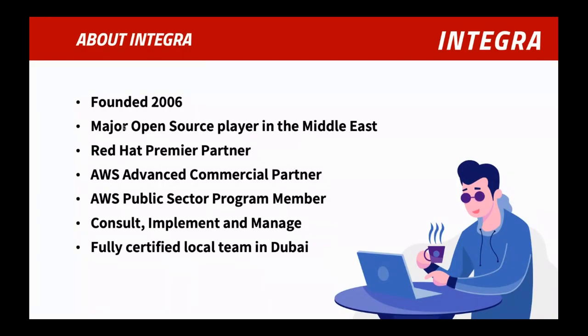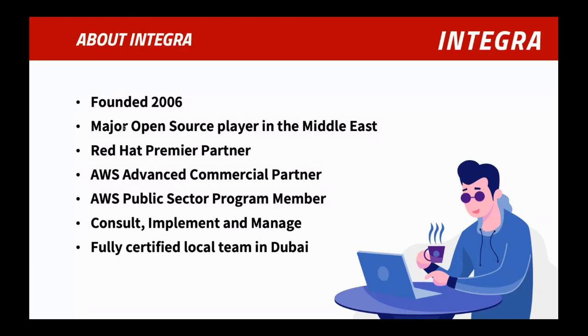Today, we are a Red Hat premium partner and a Red Hat and an AWS commercial and public sector partner for this region. We support all Linux apart from the enterprise ecosystem that runs on those operating systems: MySQL, Cassandra, Nginx, and Apache.